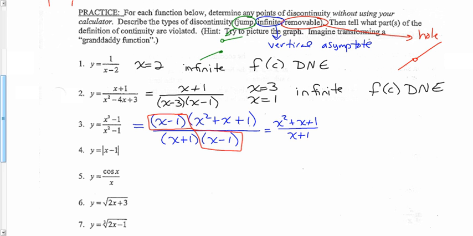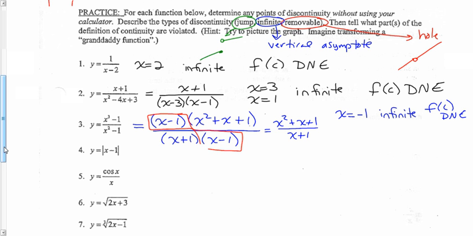So the discontinuity at x is equal to -1 is an infinite discontinuity. So again, f of c does not exist there. Now for the other discontinuity, that happens with this x plus 3 in the denominator and the x minus 1 in the denominator.